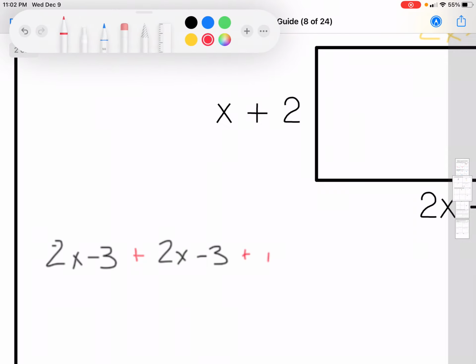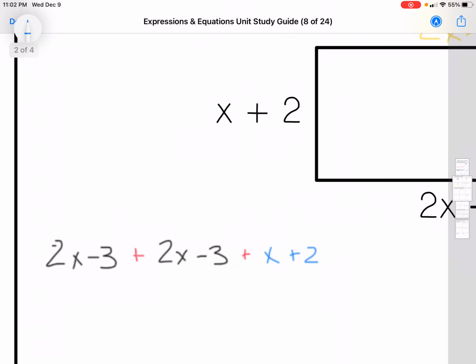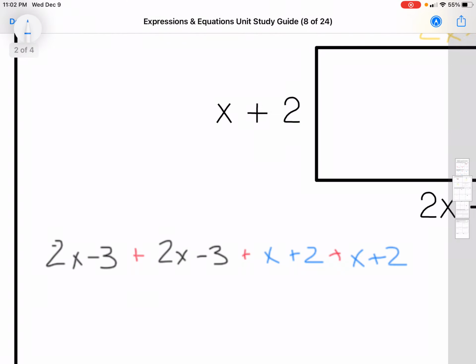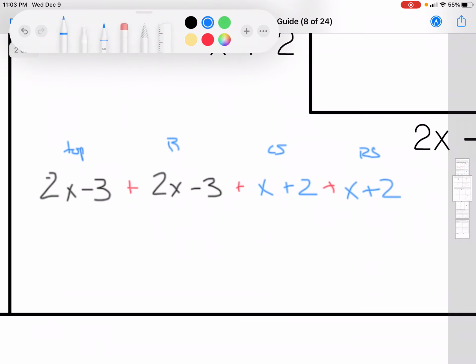Plus x plus 2 plus x plus 2. Okay. It's the top, bottom, left side, and right side. Now just combine all your like terms.